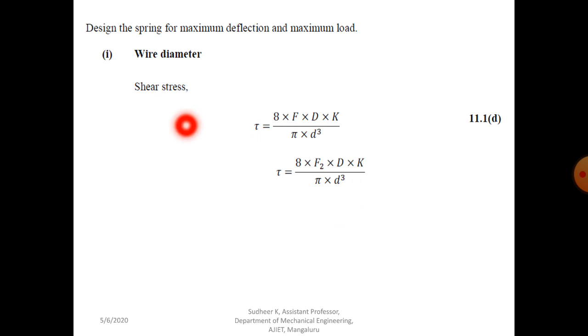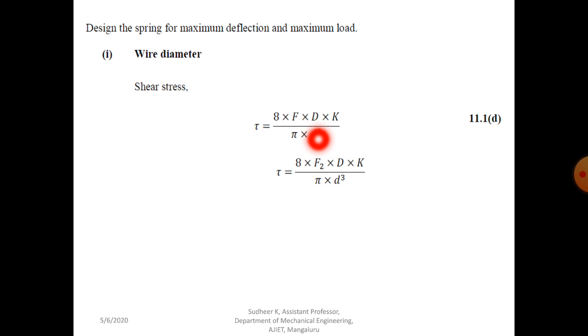So with the help of the shear stress equation, that is equation number 11.1d, tau equal to 8 F D K divided by pi d cube. With the help of this equation, we have to find out both diameters, coil diameter as well as wire diameter. But with two unknowns you cannot solve this expression.